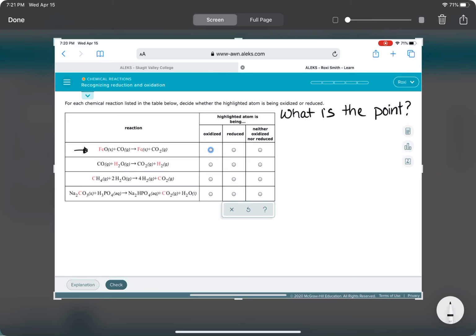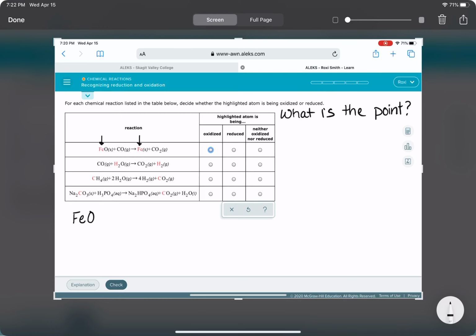We don't need to assign oxidation numbers to everything. We really only need to assign oxidation numbers to iron as a reactant as well as a product. So we need to see if the oxidation number of iron is changing, and if it is changing, how is it changing?